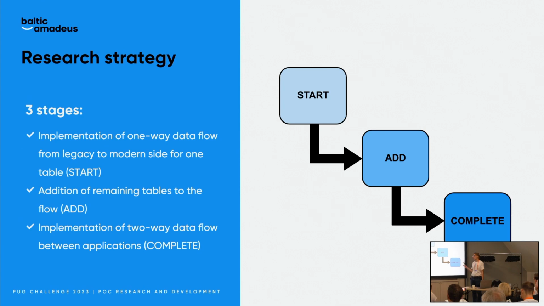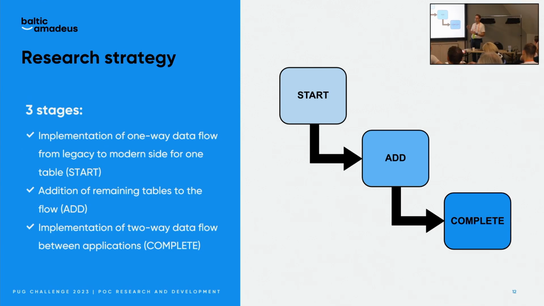So we had really 2 small mocked applications, and we wanted to see whether we can deliver the changes from the legacy side to the modern side, just like a data flow. If we succeed in doing that, then of course the add stage would come up, which is simply the addition of the remaining few tables. In theory, it should be just copy-paste.